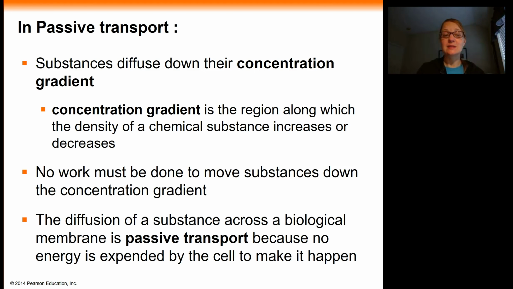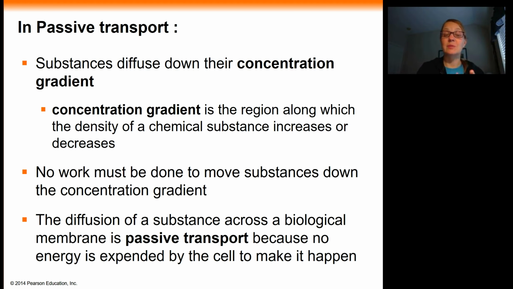So when we apply these concepts to the diffusion of substances across a biological membrane, we're talking about substances moving down their concentration gradient across this membrane, from an area of high concentration on one side of the membrane to the other side of the membrane where the concentration is low. And again, because substances are moving down their concentration gradient, no work needs to be done on the part of the cell to get those substances across the membrane.